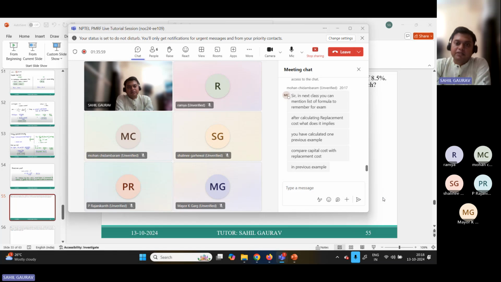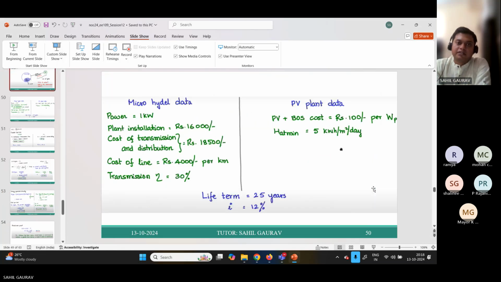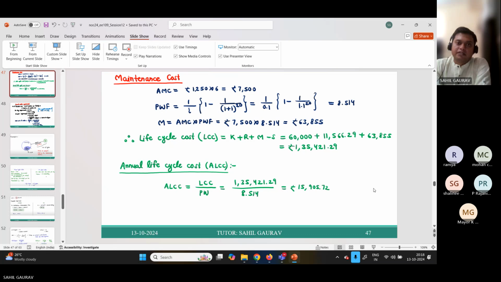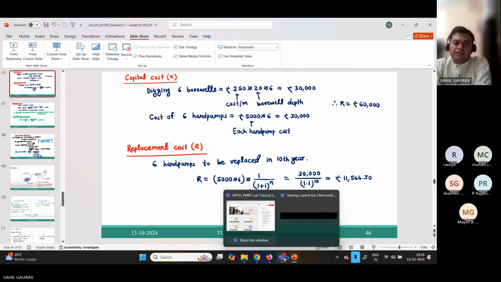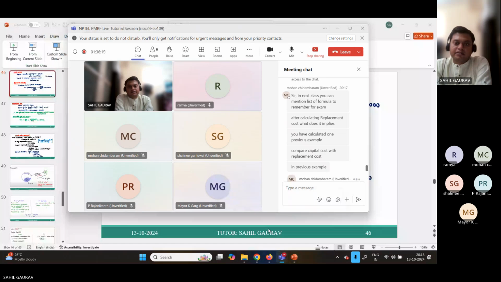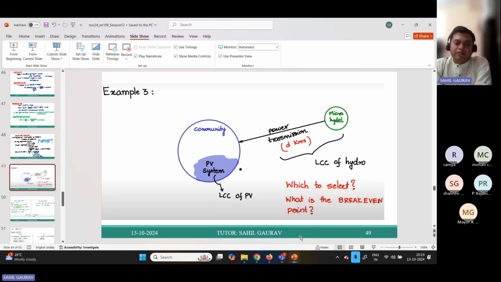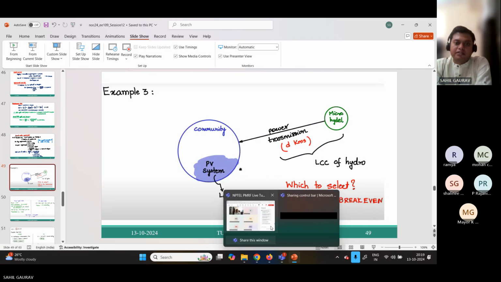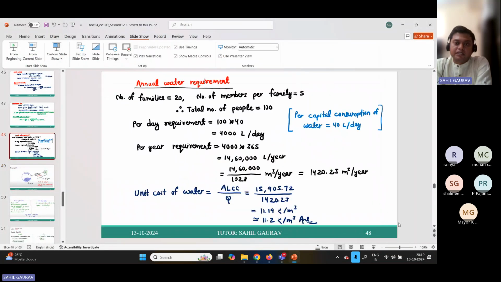Compare capital cost with replacement cost. Yes, capital cost is rupees 60,000 and replacement cost is 11,566. In this break even point problem, what is the meaning of 11,566?